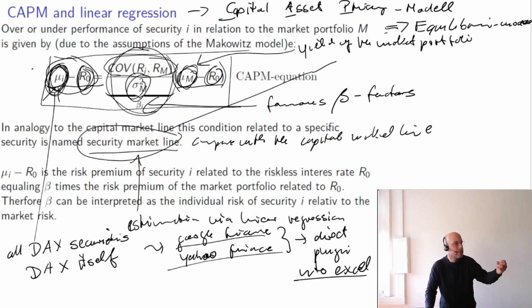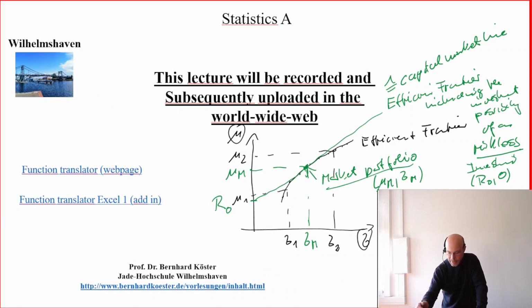So again, we have the same interpretation as with the capital market line. If you are invested on the capital market line above the market portfolio, then as an investor you prefer a higher risk than the market risk, or if you are below the market portfolio, then you prefer a lower risk with respect to the market portfolio.